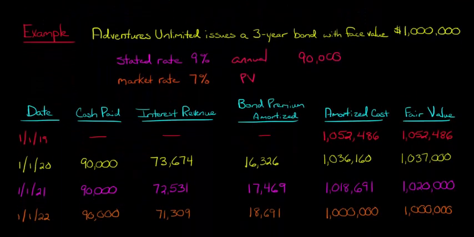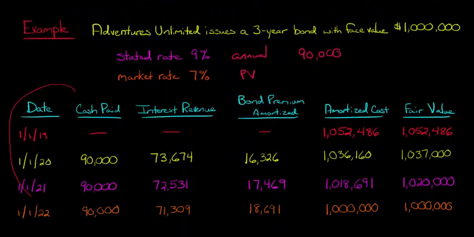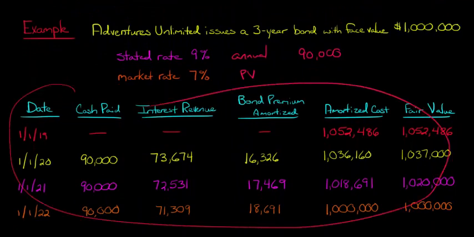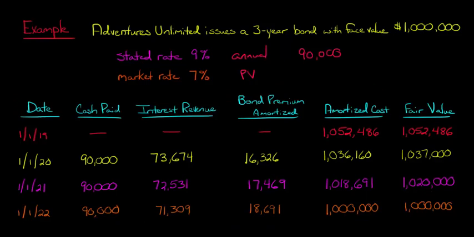I prepared an effective interest table, and this will help us understand this notion of amortized cost. We start out on the date that the bonds are issued, let's say January 1st, 2019. The bonds are going to be issued at a premium.